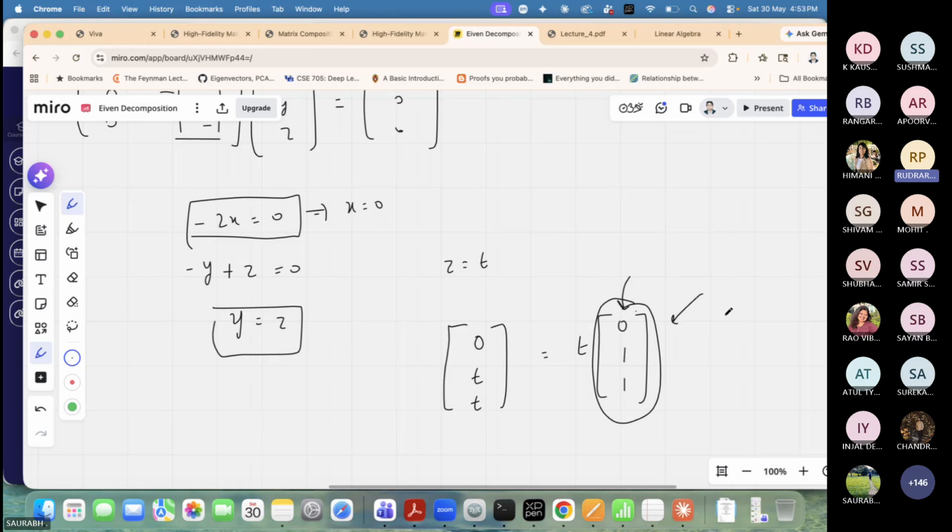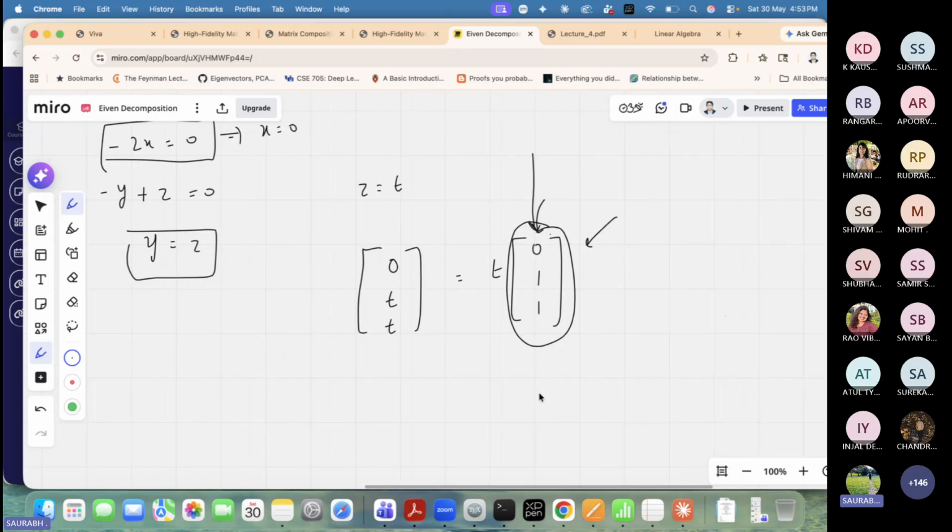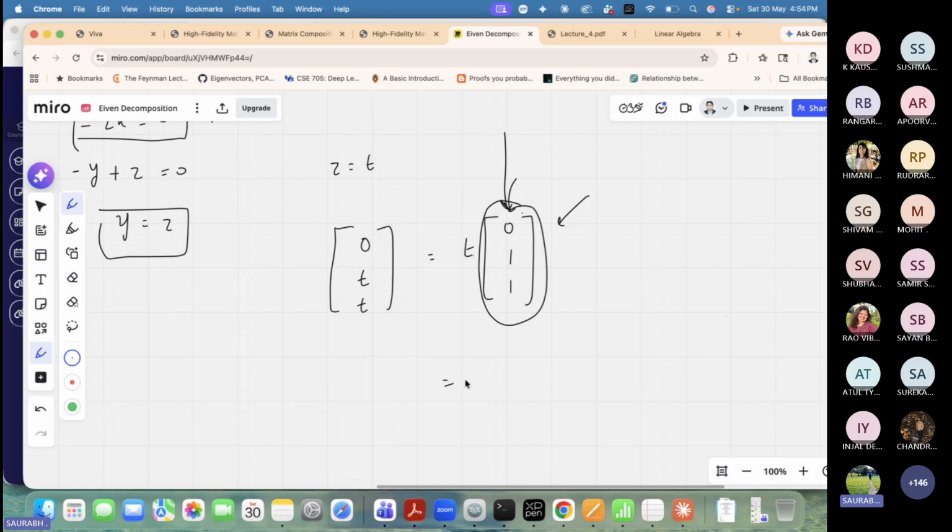Then three bases exist for this example: two bases for the first eigenspace and one basis for the second eigenspace. This is the space spanned by this vector, (0, 1, 1).